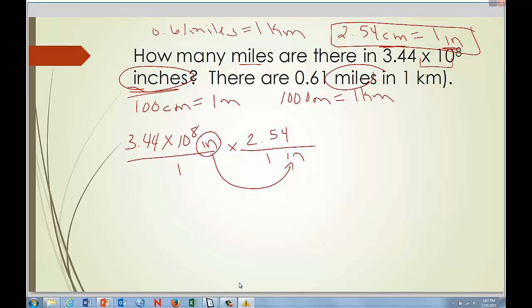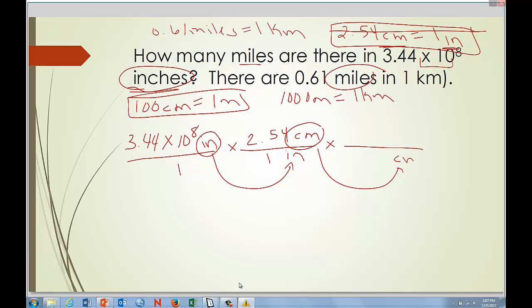I'm going to cross that out because I don't need it anymore. Now I'm going to look for centimeters in the other three. It's in the lower left hand corner. Centimeters on top, I want to put centimeters on the bottom of the next one. 100 is next to the centimeters, and that's equal to 1 meter. I'm going to come down here to the next line just because I'm running out of room.